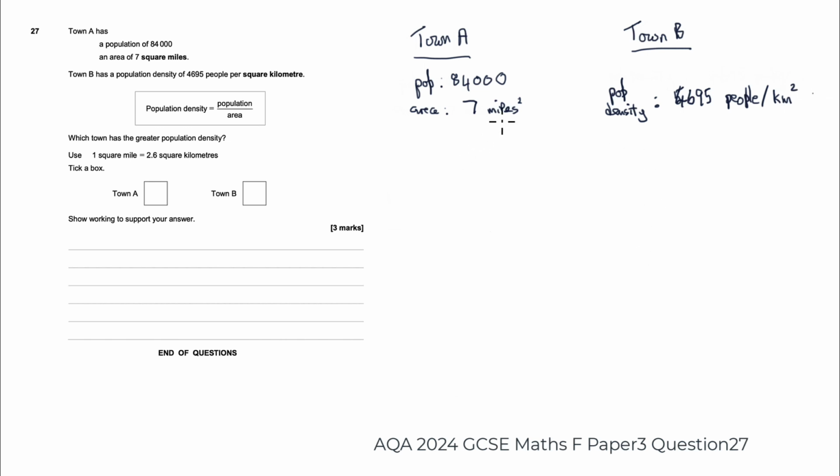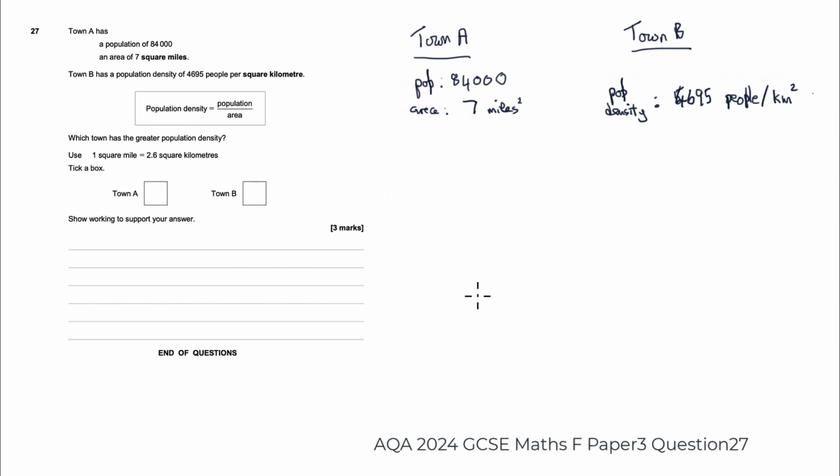Now we'll notice straight away that the measurements there are different. In town A we're told its area in square miles, and we're told the population density in town B in square kilometres, how many people on average live in 1 square kilometre.